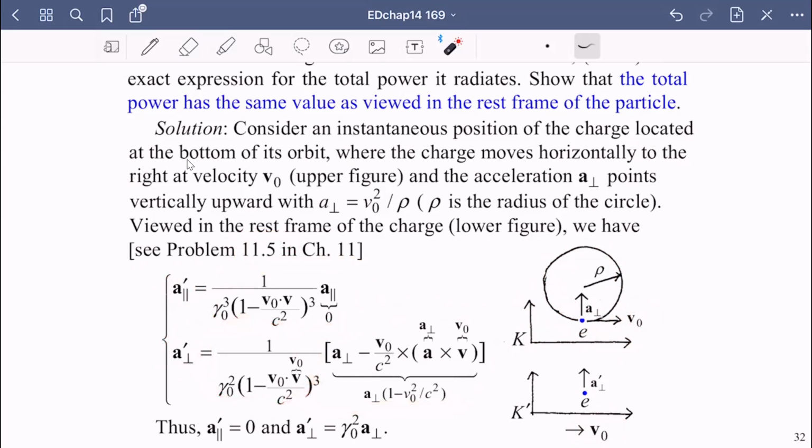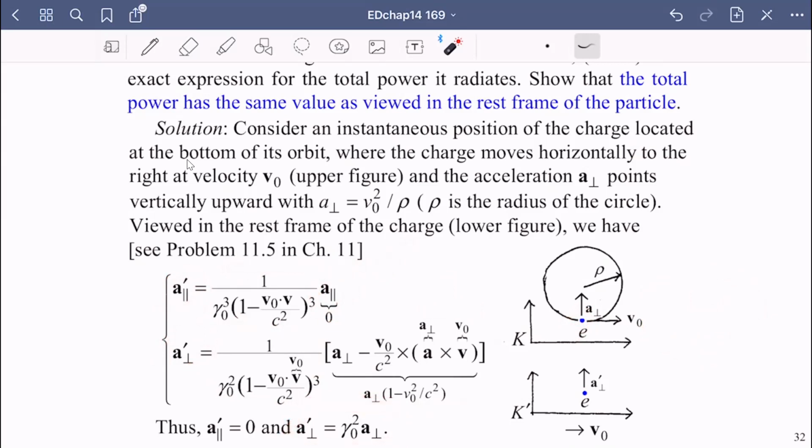We have derived this equation before, so we just use this property. Obviously in this circular motion, the parallel acceleration is 0. Therefore, converted to here it is still 0, but the perpendicular acceleration will be different.